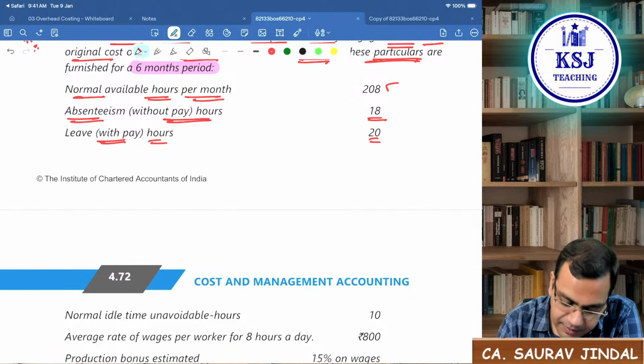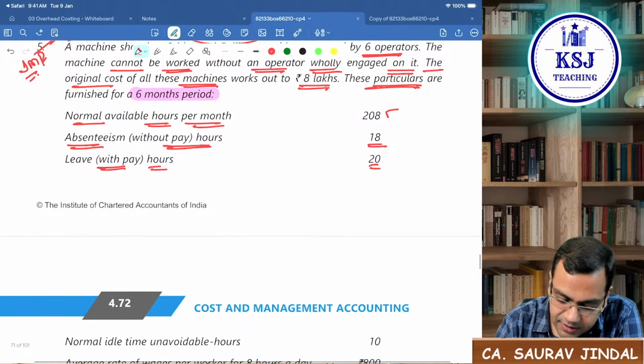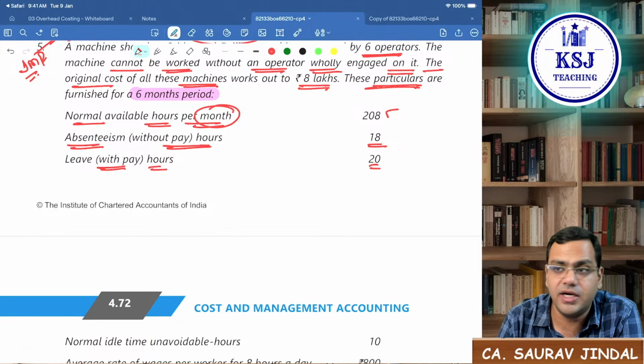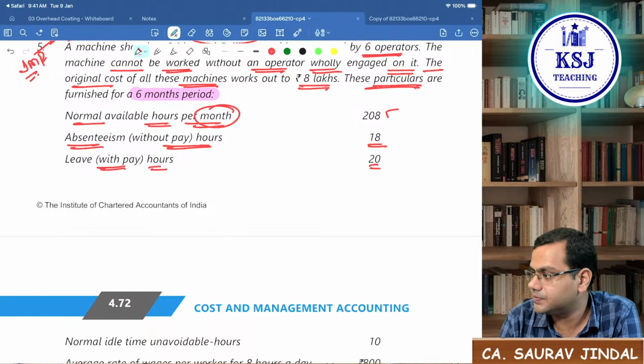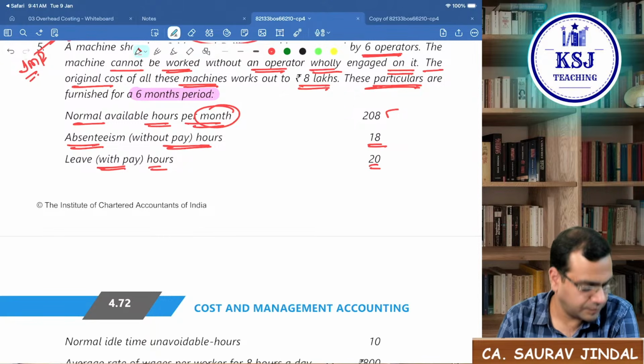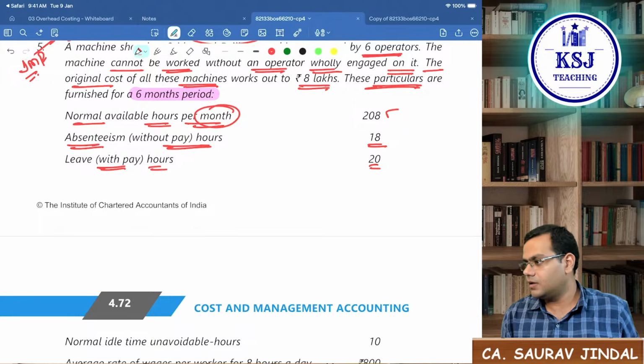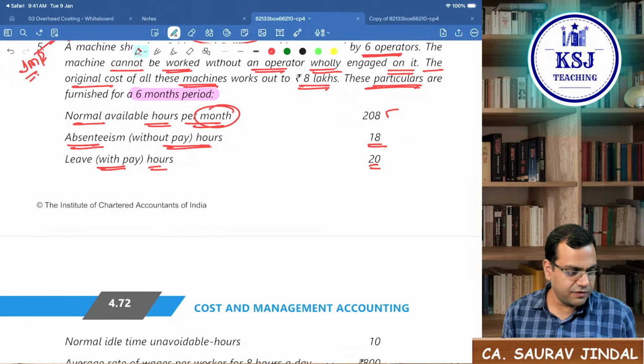The normal available hours are clearly mentioned as per month, but what about the absenteeism hours and the leave hours? Is it monthly or is it for 6 months?